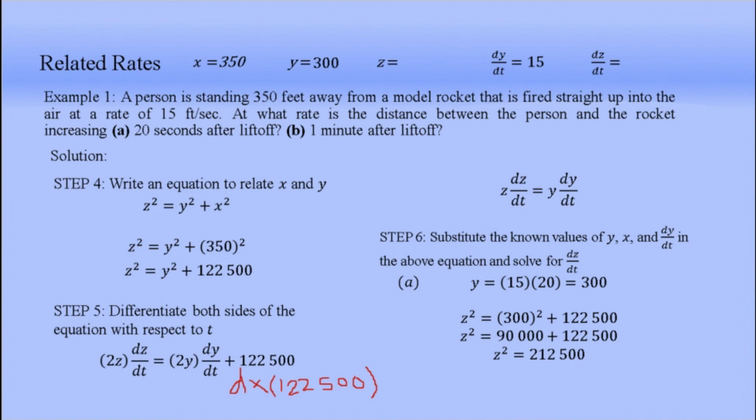And so we're going to get the square root of that. So z is equal to 50 square root of 85, or approximately 460.98. So again, the y value we have is 300 and the z value is approximately 460.98.